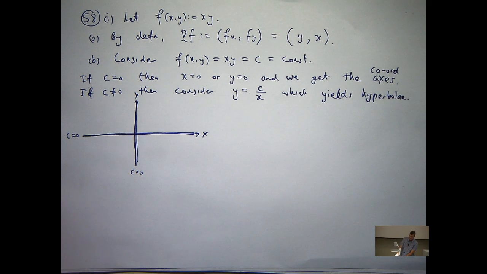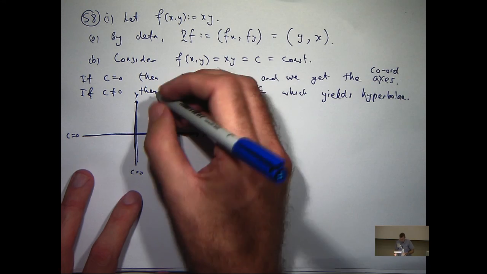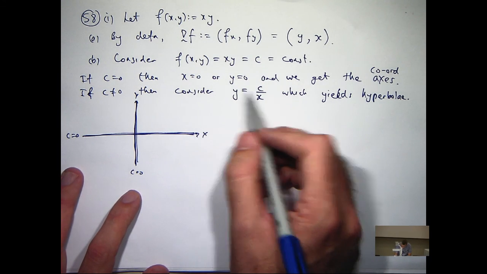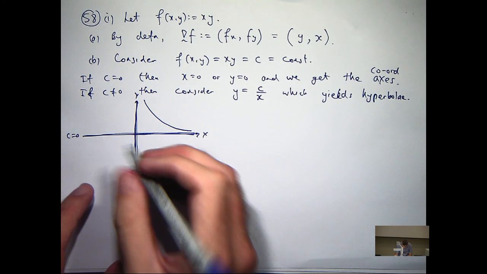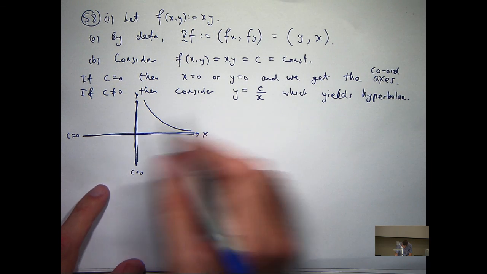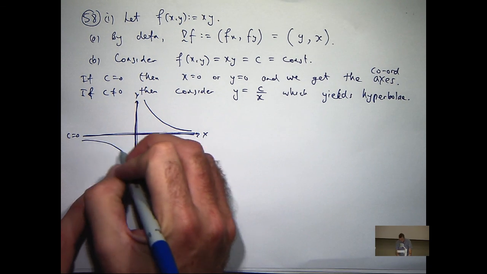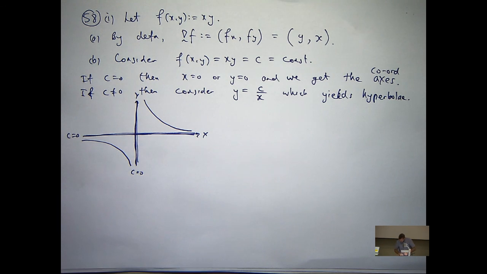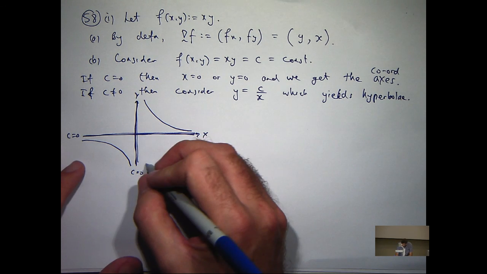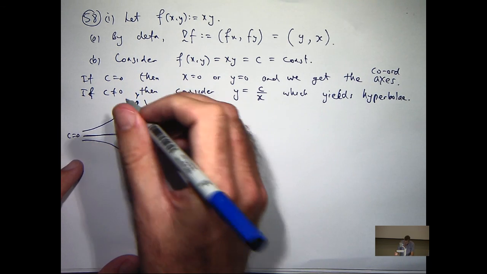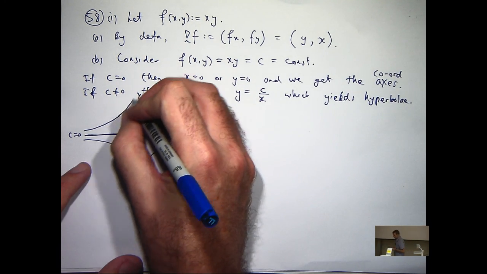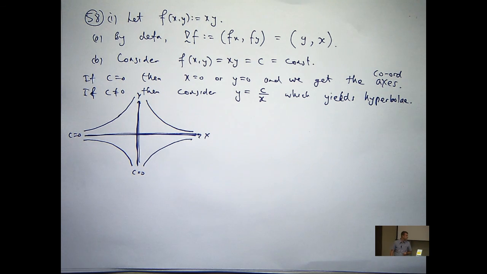For say c equals 1, we're going to get something like y equals 1 on x, so that's going to be like that. Okay, c equals minus 1, we're going to get these kinds of curves.